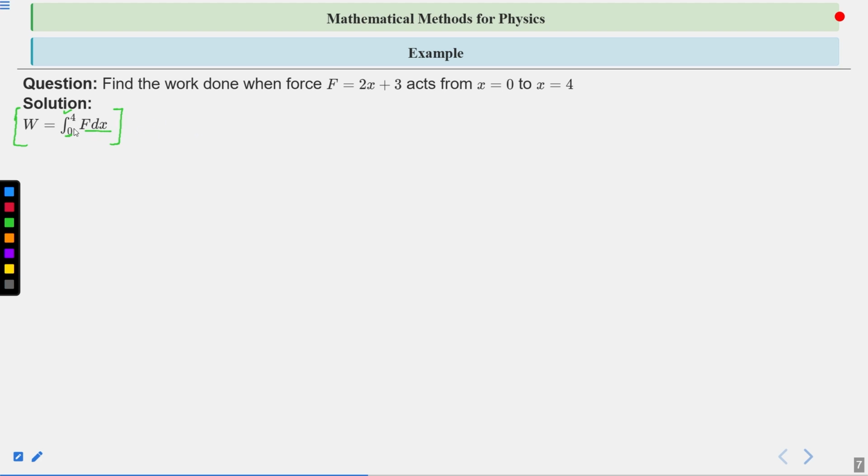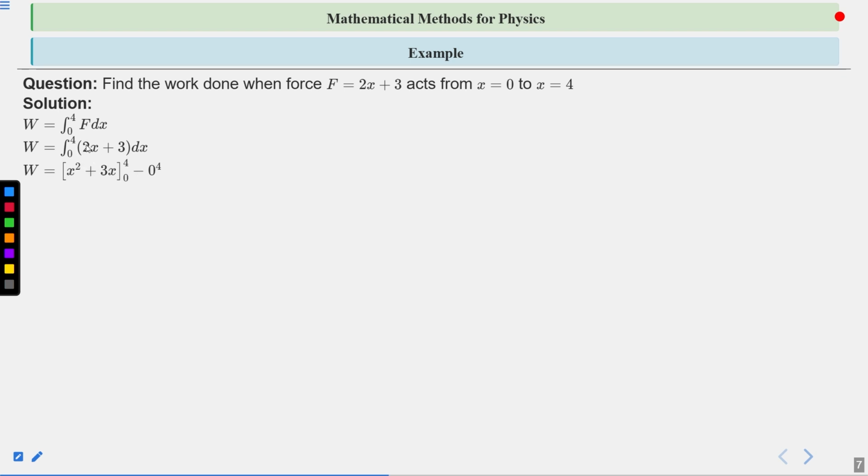So W is equal to integration with limits 0 to 4, and the value of F is 2x plus 3. Now substitute the value of F in this relation. So it will be integration from 0 to 4, initial limit is 0 and final limit is 4, of 2x plus 3 dx. Clear?